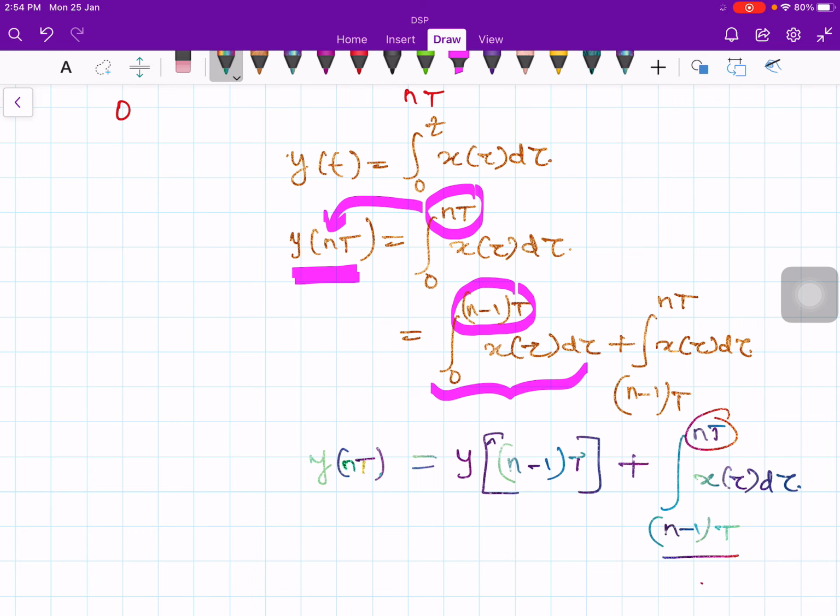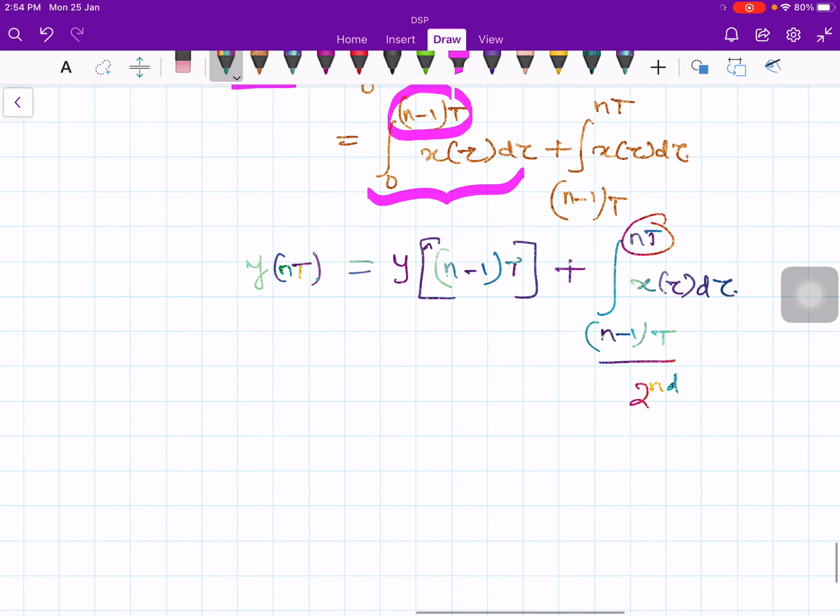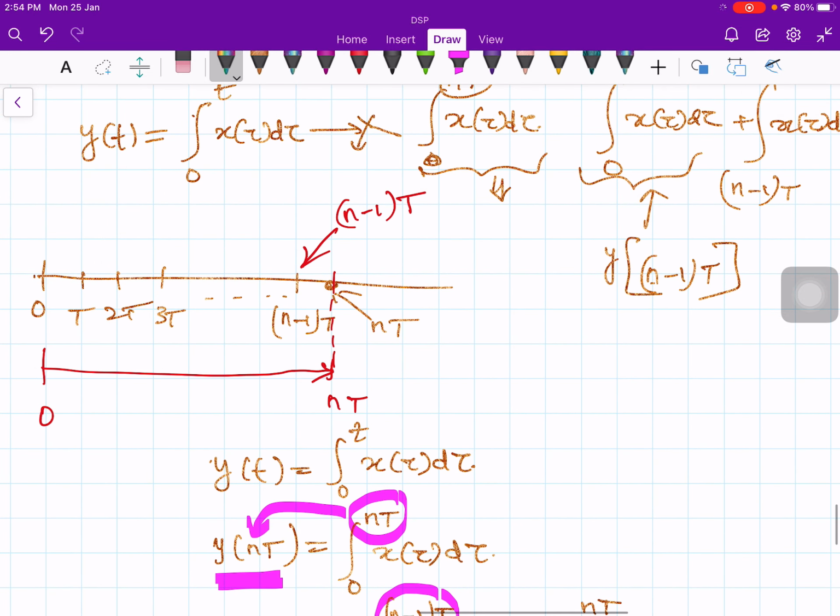Now I can approximate this second integration. How do I approximate that? The approximation is as follows. If you look at the time axis, between the (n minus 1)th sample and the nth sample, there is no other value. It is 0. The samples are taken at the integer values. In between, the value is 0. You have non-zero only at the sampling instant.